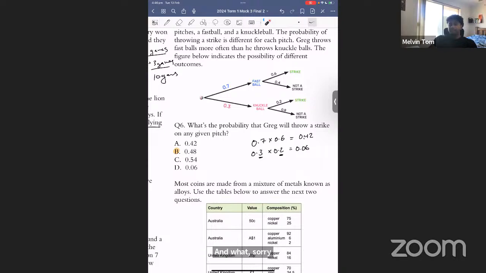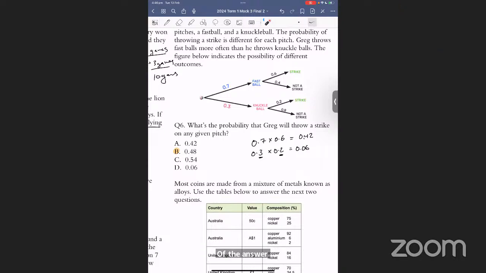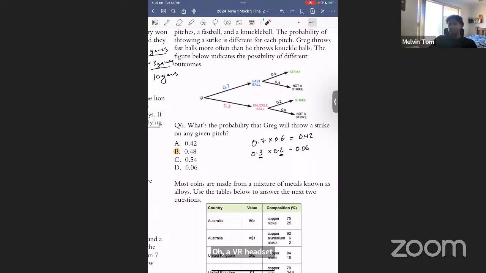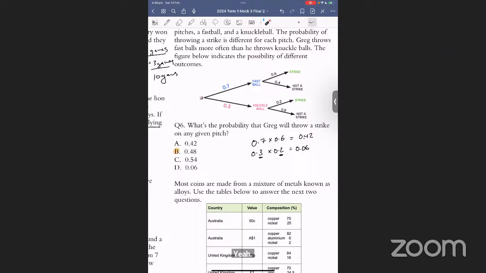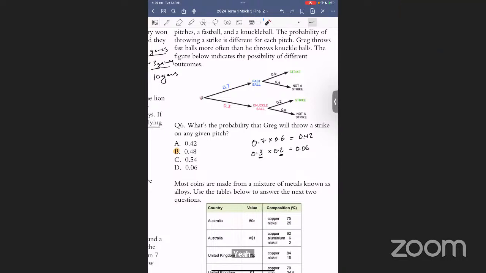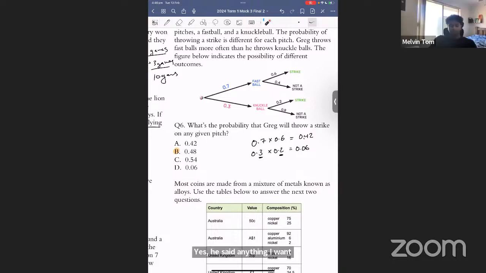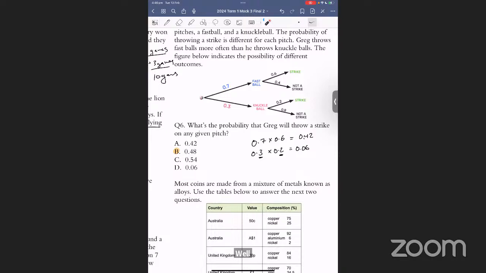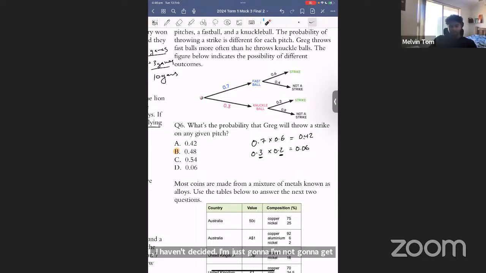Like the Vision Pro or the Meta Quest? Vision Pro. Wow, that's awesome. And Aryan, have you been given a promise? He said anything I want. And what do you want? I haven't decided. I'm not going to get overconfident. I'm going to wait until the GATE exam to decide. Awesome. I want a PS5.